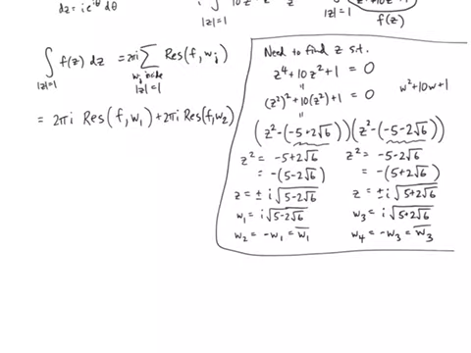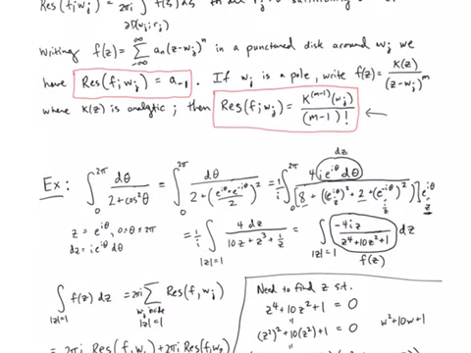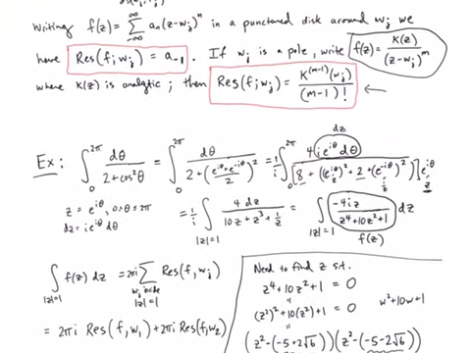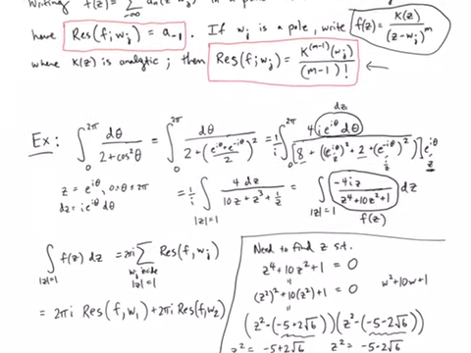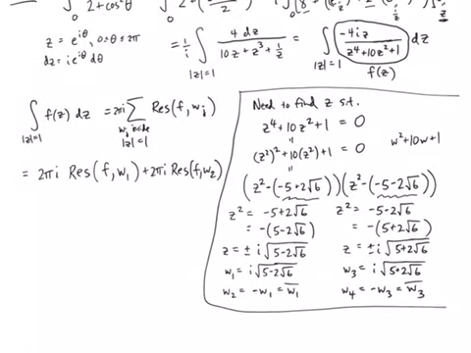To compute that residue, we're going to use the formula here. I want to try to write my function in this form. I want to look at that singular point w1 and factor out a power of z minus w1 in the denominator. So f of z is negative 4i z over that polynomial, z to the fourth plus 10z squared plus 1.